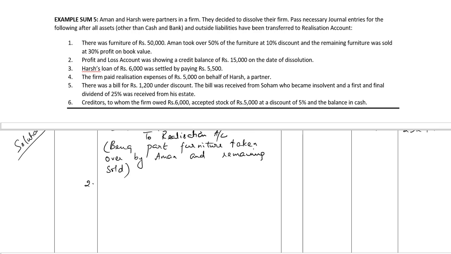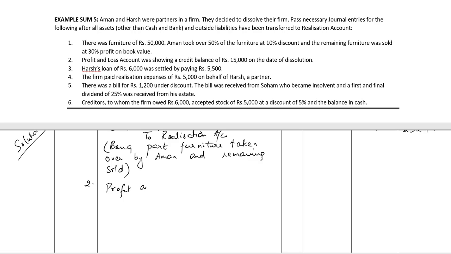Second question. Profit and loss account was showing a credit balance of rupees 15,000 on the date of dissolution. Credit balance represents accumulated profit, so we'll distribute it among the partners in profit sharing ratio.